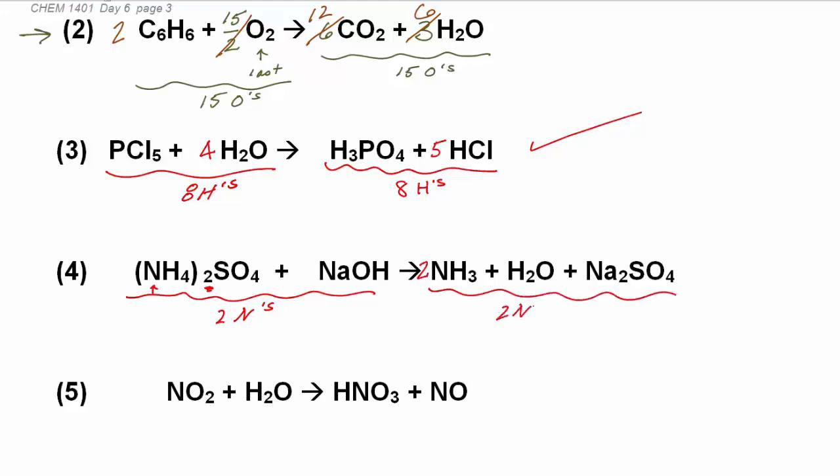So then I would have 2 nitrogens. Okay. It looks here like I've got a sulfur and a sulfur. Sulfurs look good. Hey, it's balanced. Nice.